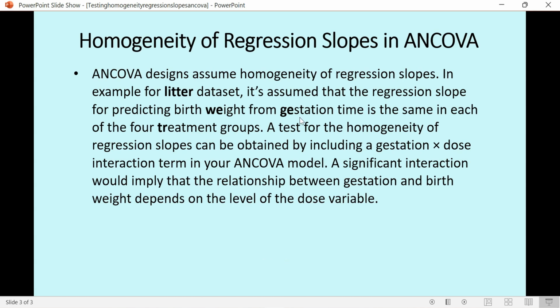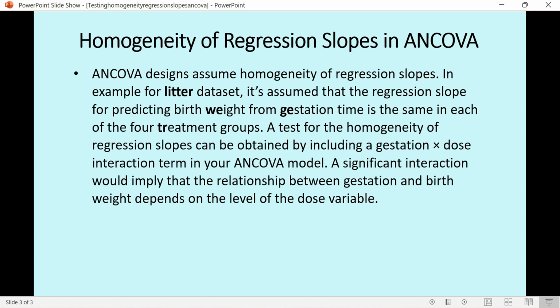If it is not, there are other factors we have missed. So this is a very important assumption in ANCOVA, and we have to test it at the same time we carry out an ANCOVA.